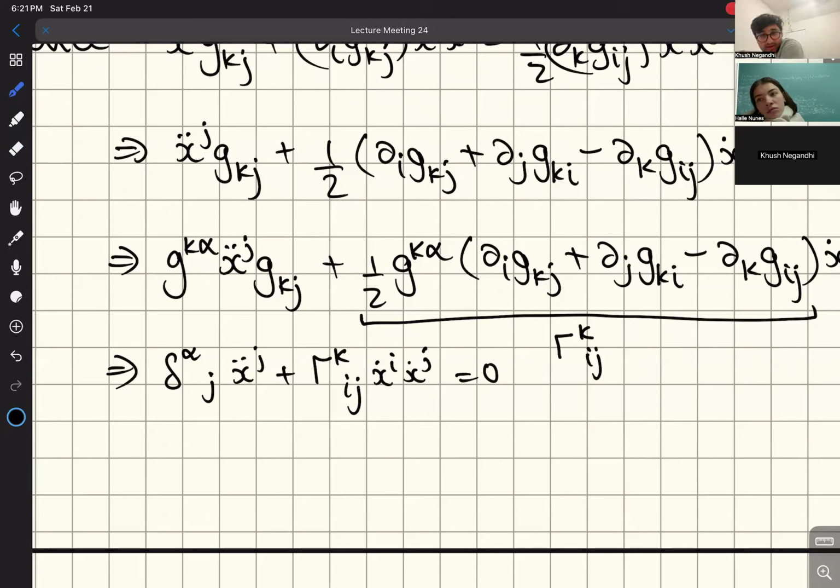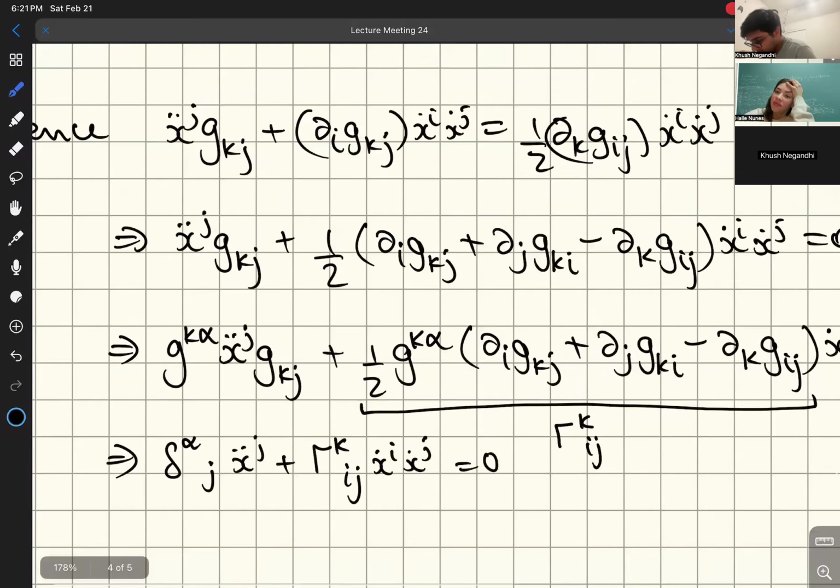It looks like I've made an index mistake, which is sad. So if I call this x double dot k, that makes it that.